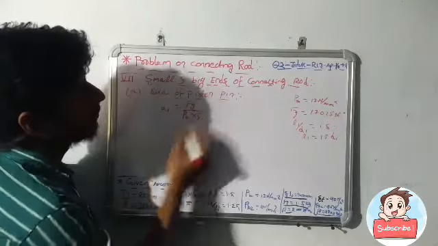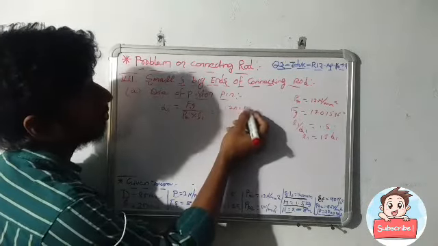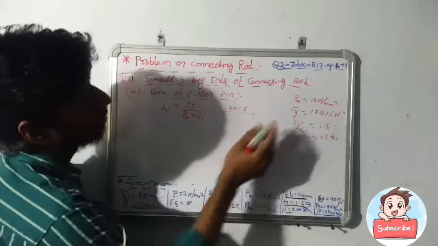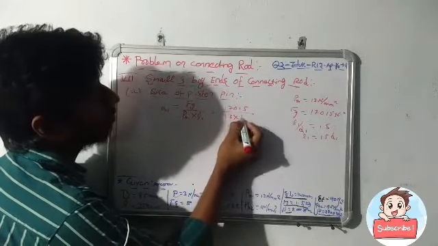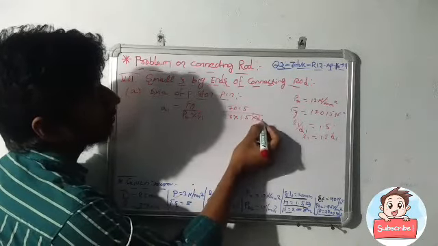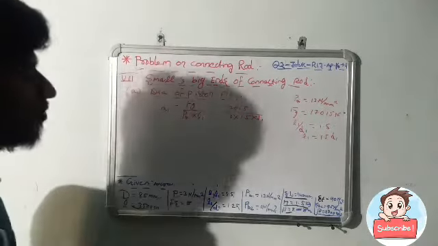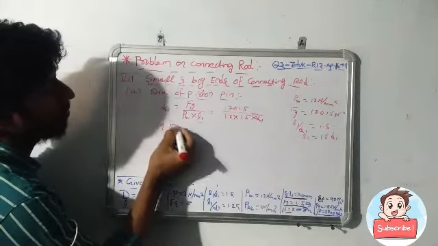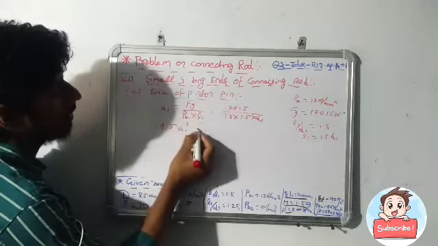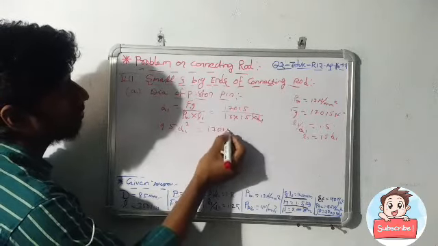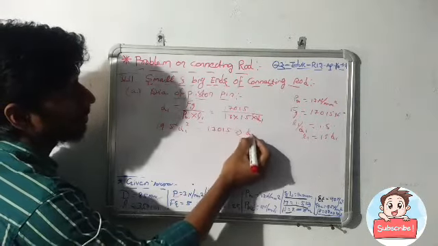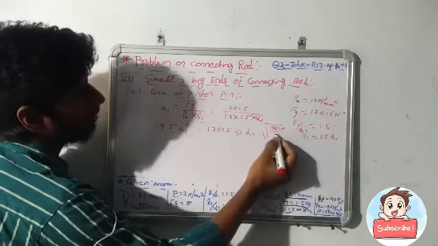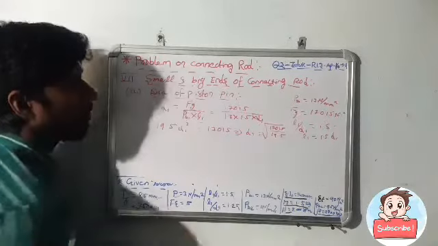So that is equal to 17015 divided by Pb1, which is 30, into 1.5 into D1. By simplifying this, what we get here? 45 D1 square equal to 17015. From this, D1 equal to root of 17015 divided by 45.